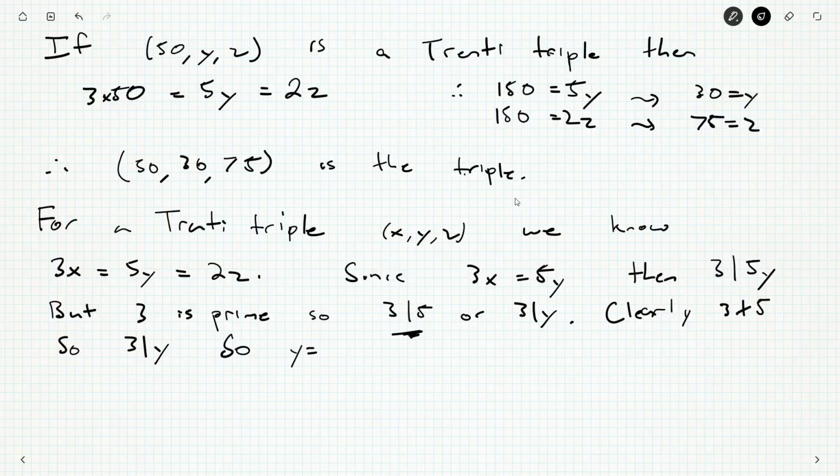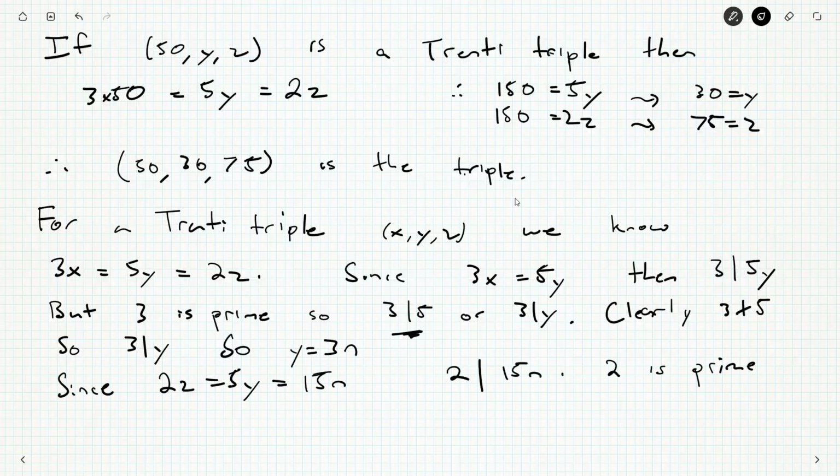So we can write y is 3 times some other number. Let's call it n. Now, since 2z is equal to 5y, which is now equal to 15n, 2 has to divide 15 times n. 2 is prime. So 2 divides 15, which it doesn't, or 2 divides n.